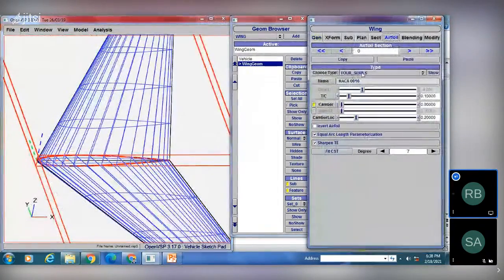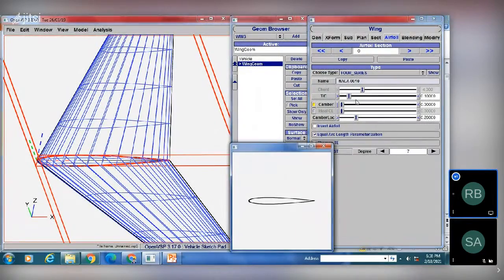I'll check the airfoil, that is 4 series 0012, which means a NACA 4 series airfoil, the default airfoil, with thickness to chord ratio 12%, camber 0, and location of camber 20% from the leading edge. Okay, so if I see this, then the airfoil will look like this.